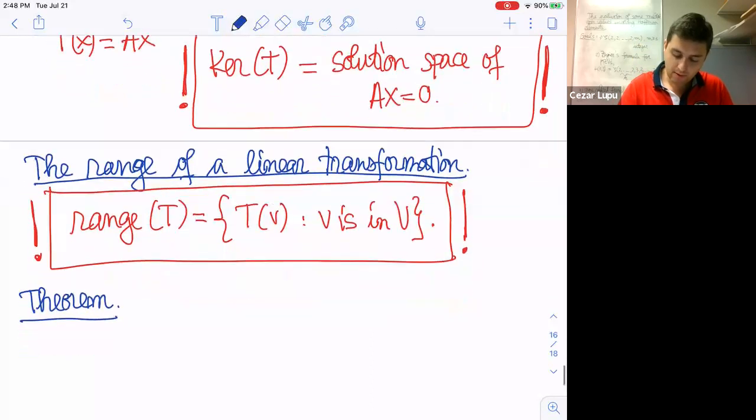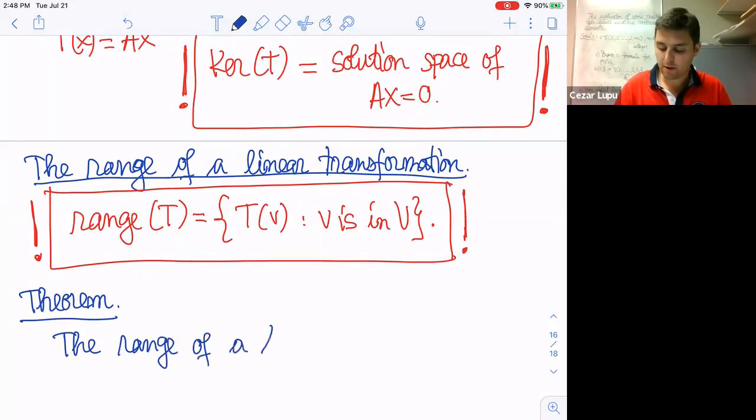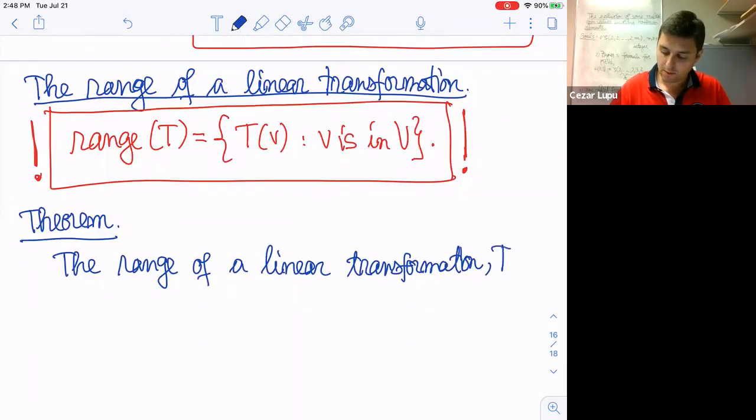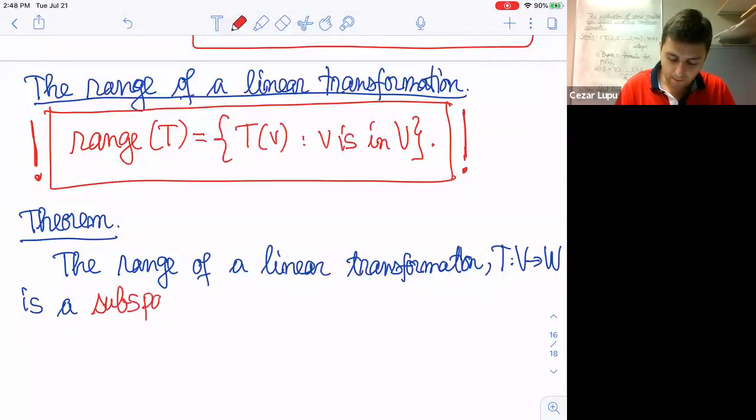Let's phrase it like this: the range of a linear transformation T from a vector space V to another space W is a subspace of W. Keep that in mind.